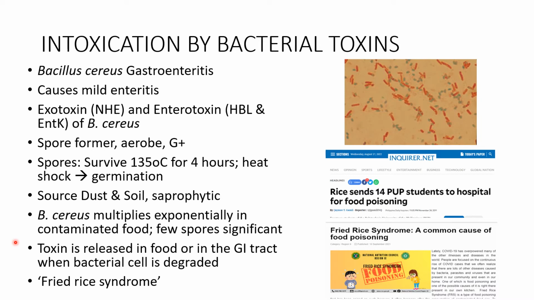The toxin may be released sa food or in the GI tract, as yung buong bacterial cell is consumed and degraded, nare-release din yung toxin. So it may be released sa food itself, or nakakain mo yung bacteria sa food, then yung toxin sa loob ng bacteria is released in the GI tract, causing the food poisoning.